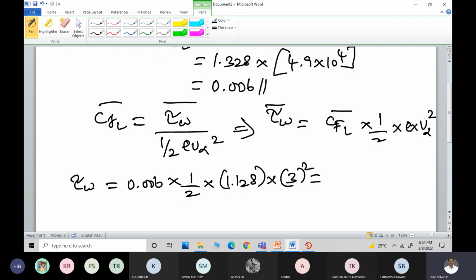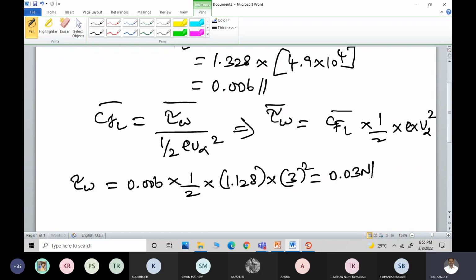Tau W, how much in Newton per meter squared? 0.03 Newton per meter squared.